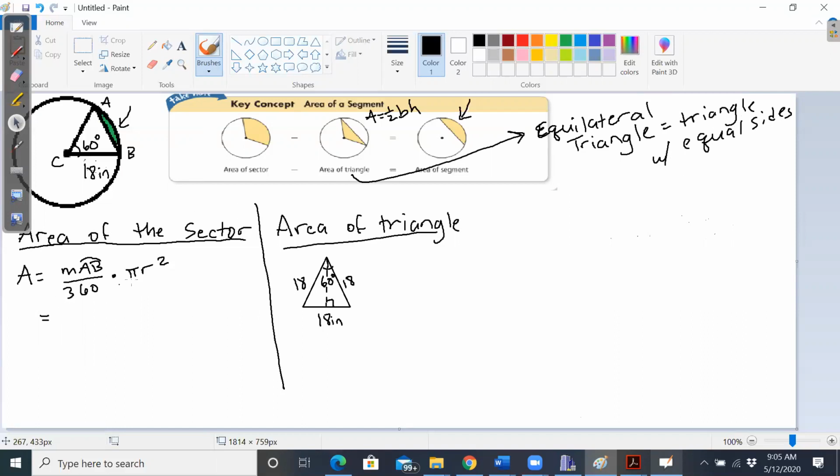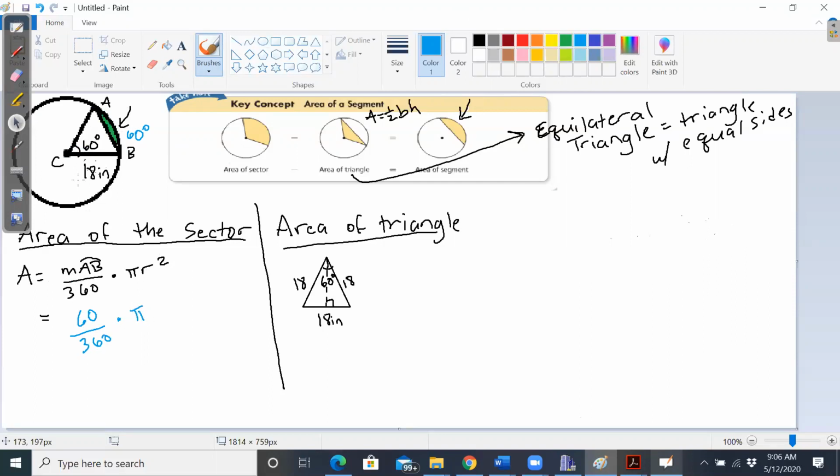Yesterday we had this formula, and we're just going to substitute. So the measure of arc AB, from what we learned last week, if this central angle is 60, then the outside arc that it's facing should also be 60 degrees. So over here, we're going to write 60 over 360 times pi.